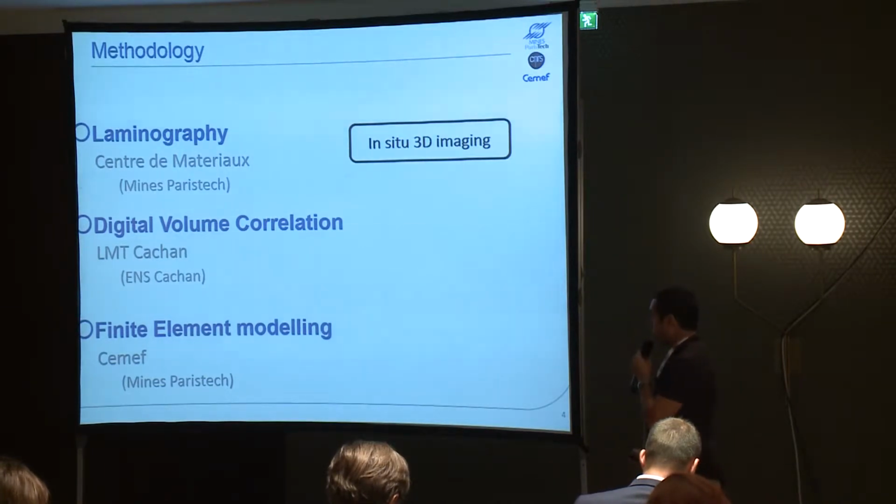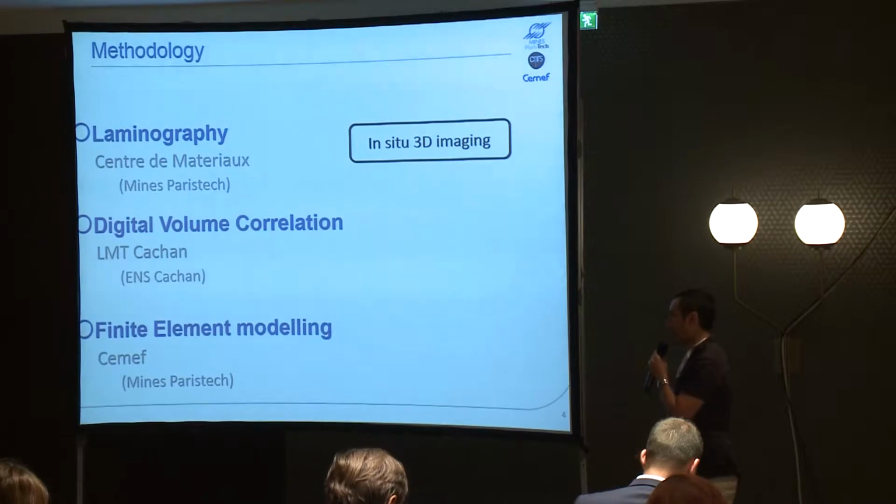With laminography, what we will obtain is three-dimensional images of our microstructure. If we do different scans during a mechanical test, we can observe the evolution of our microstructure during the ductile fracture process.